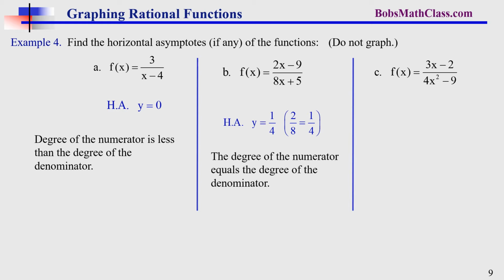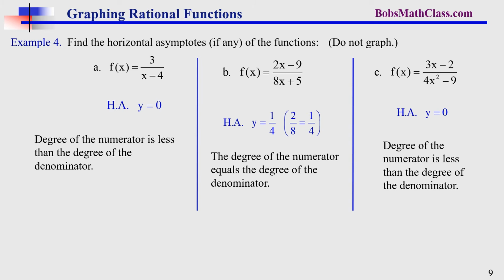So on the last one, the numerator was less than the denominator. This one, the degrees are the same. How about part C? Well, the numerator is less, so it's going to be y equals 0 again. The degree of the numerator is less than the degree of the denominator.